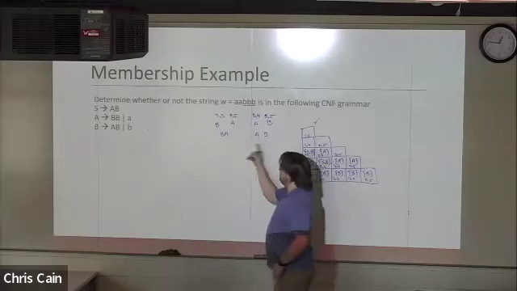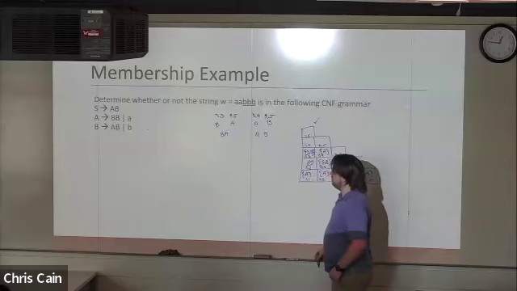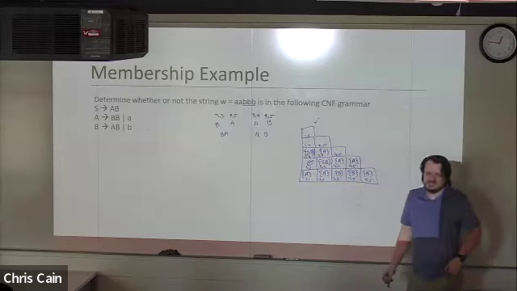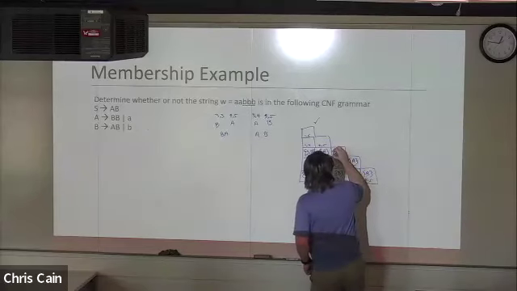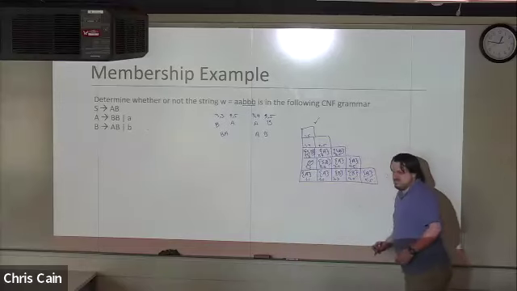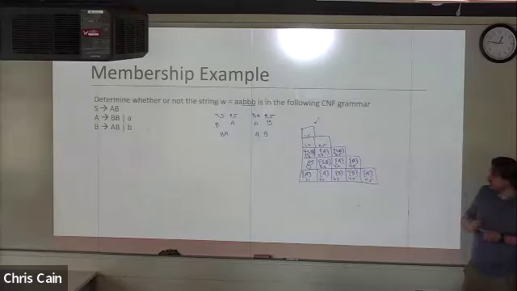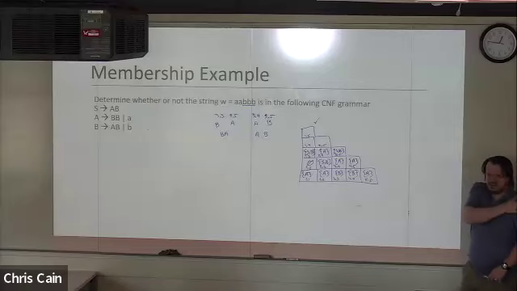So again, taking the union of what can produce BA and what can produce AB, what do we get? S, B. S and B. It's the only non-terminals, the left-hand side, that can produce that.